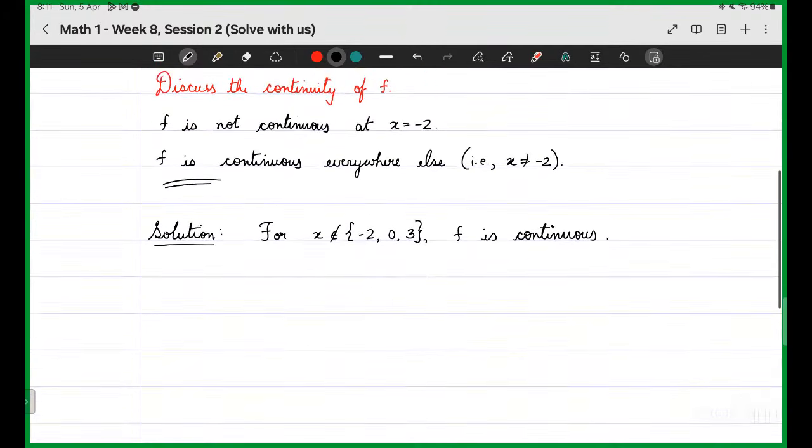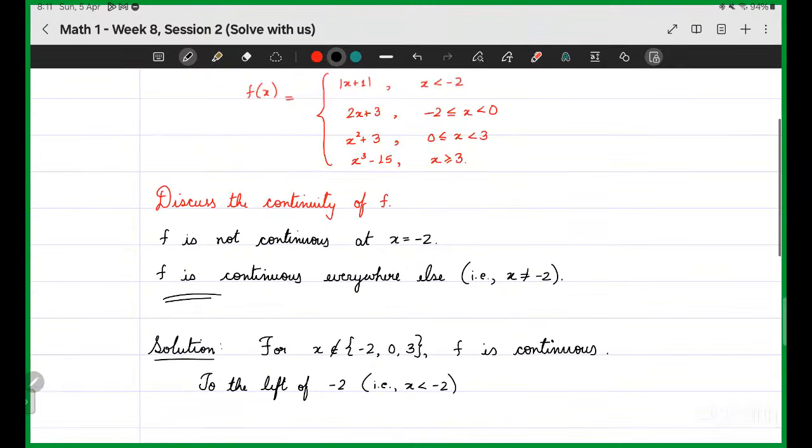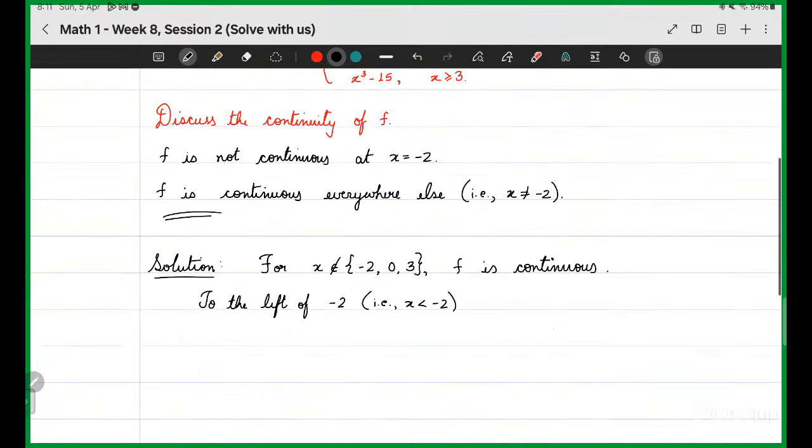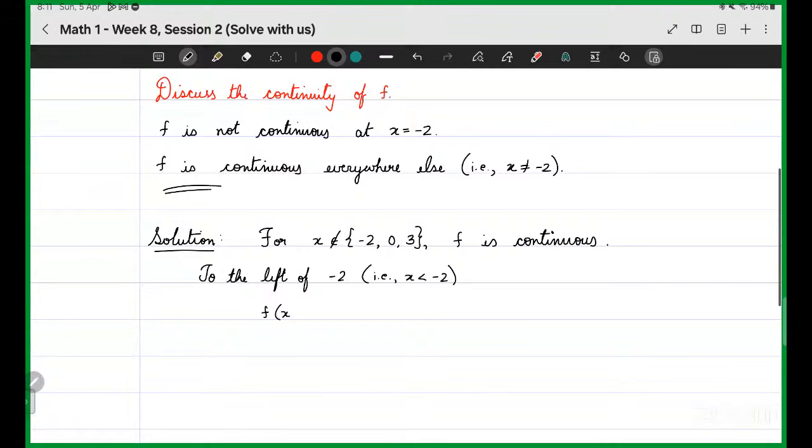So to the left of -2, that is x less than -2, how does the function behave? It is modulus of x plus 1, right? f of x is modulus of x plus 1.